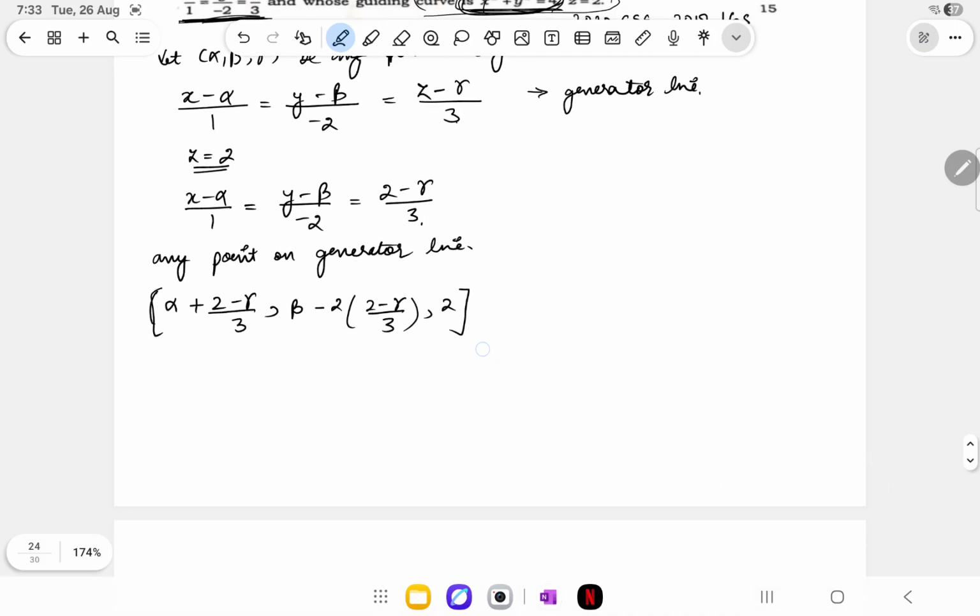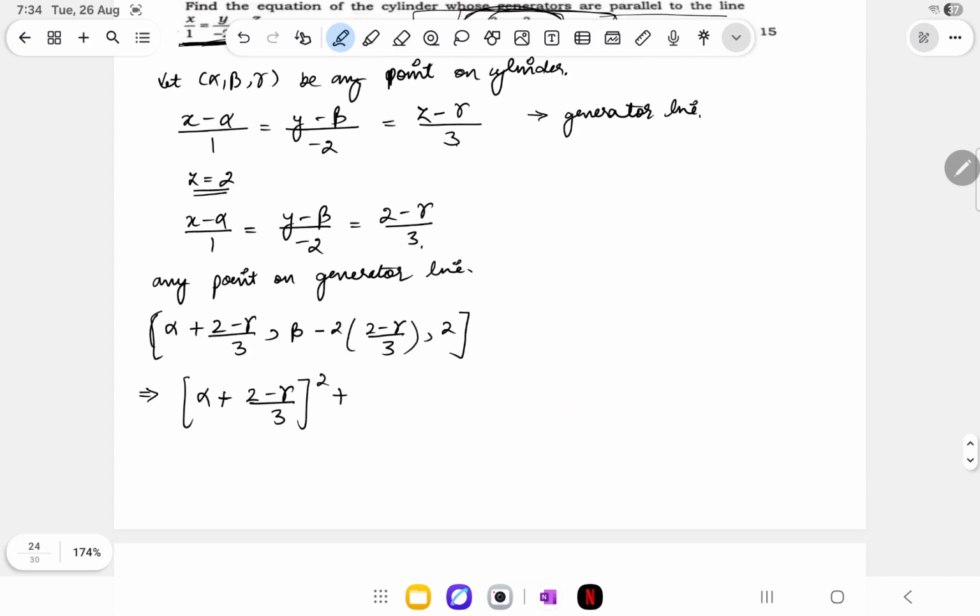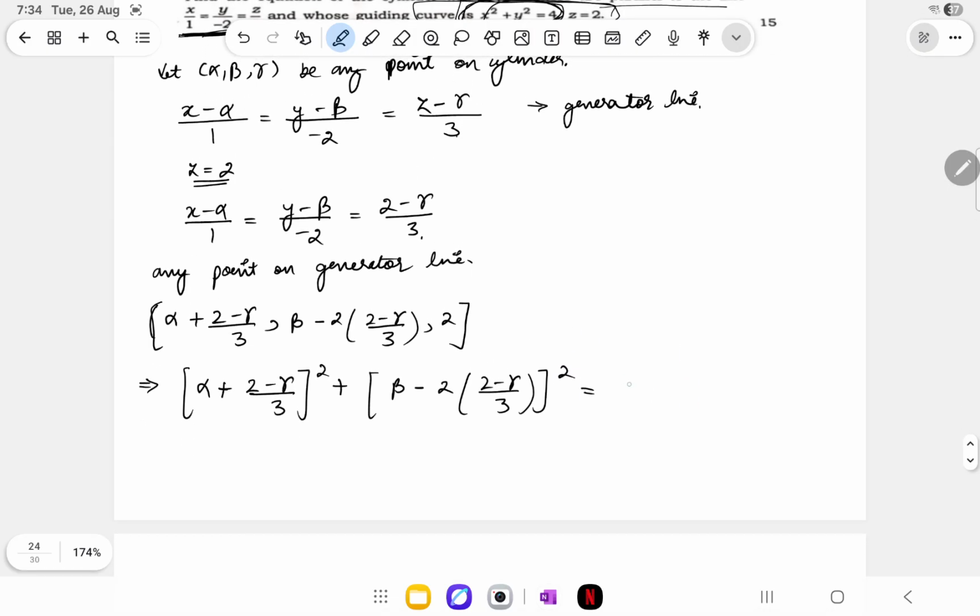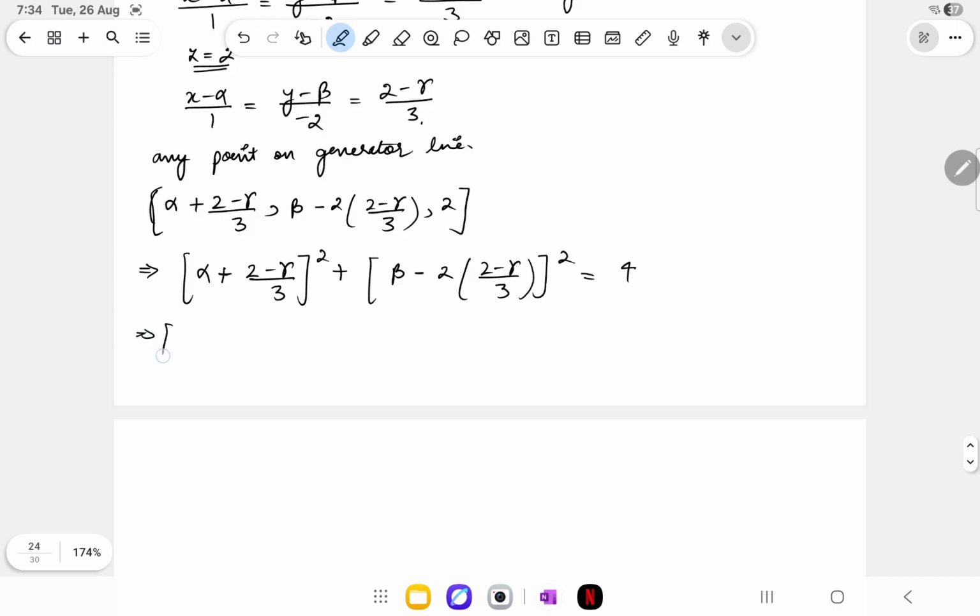If I put this arbitrary point there, I get alpha plus 2 minus gamma by 3 whole square plus beta minus 2 into 2 minus gamma by 3 whole square is equal to 4. If I simplify it, I'll get 3 alpha plus 2 minus gamma whole square plus 3 beta minus 4 plus 2 gamma whole square is equal to 36.